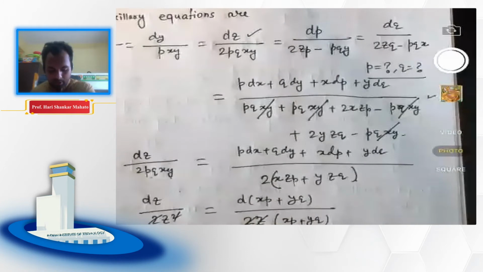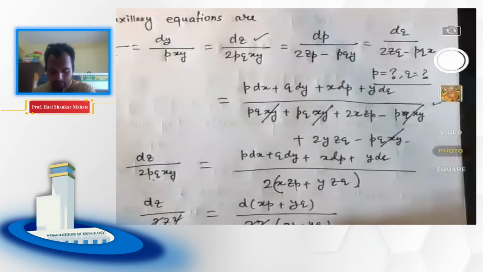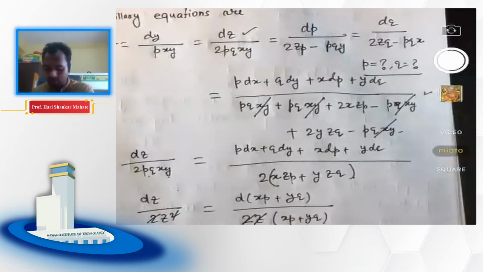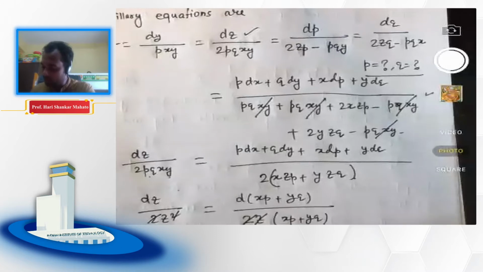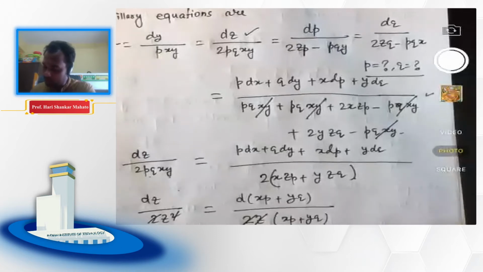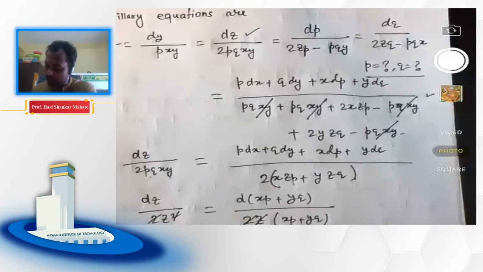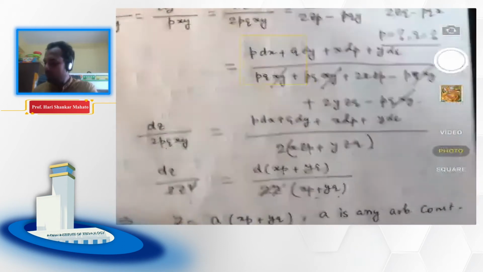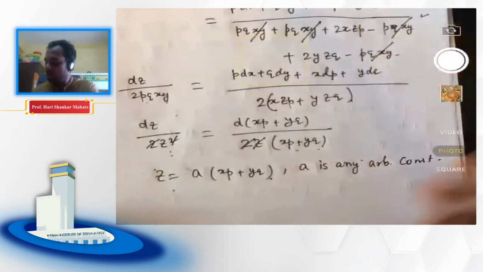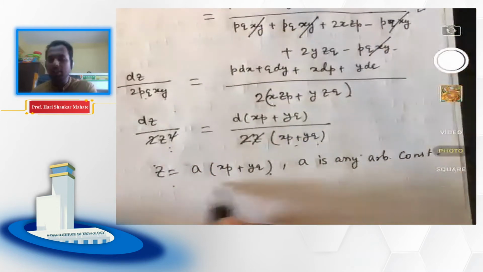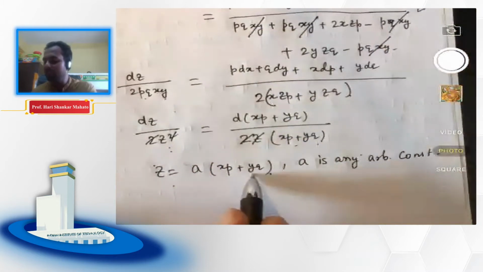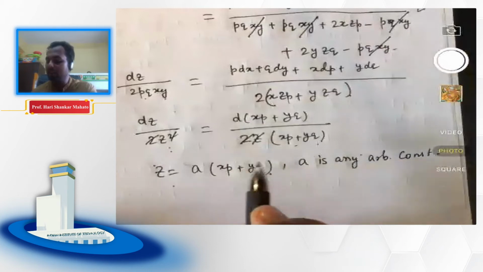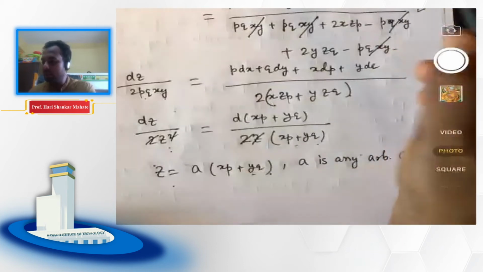So this a is any arbitrary constant. So this is basically a one parameter family of PDE, where a is the parameter that is compatible with the given PDE.